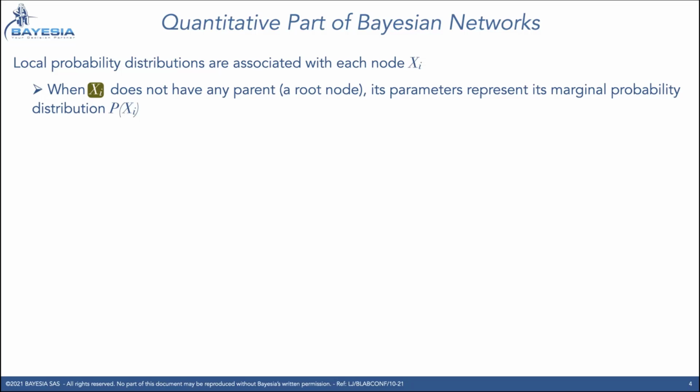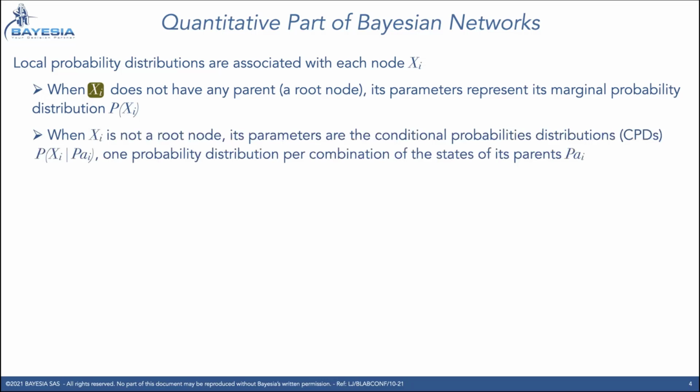In that case, it's quite simple. The parameter represents the marginal probability distribution of X. And when you have at least one parent, you have to define a conditional probability distribution, a distribution that will quantify the relationship between the parents and the child.